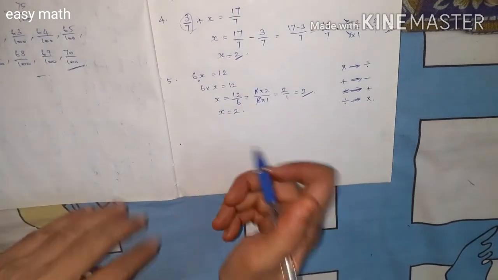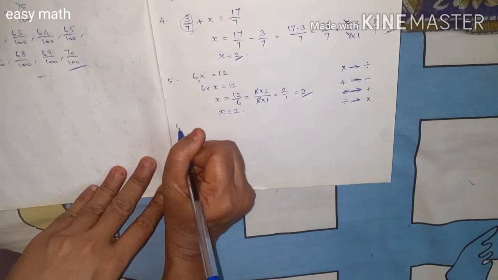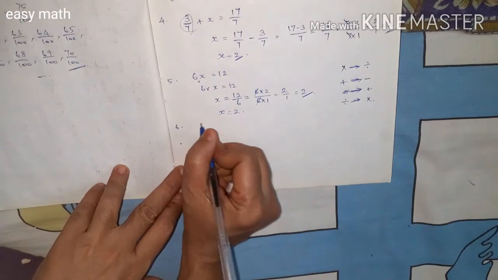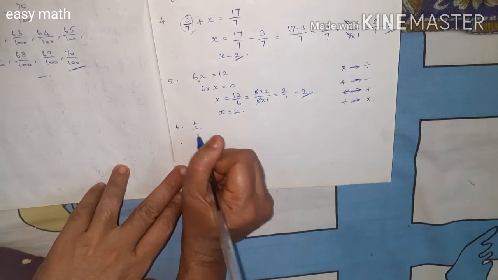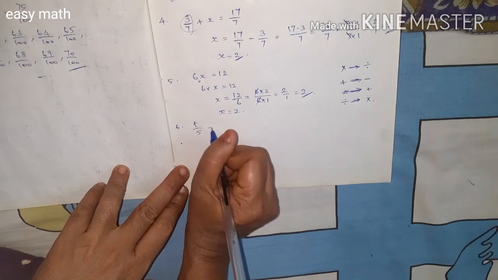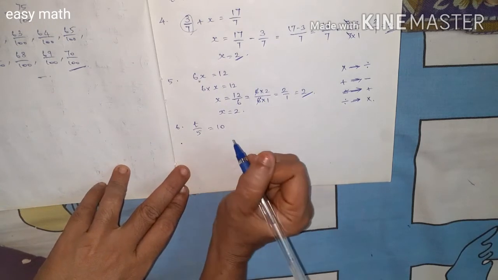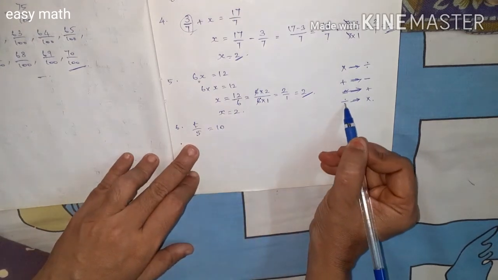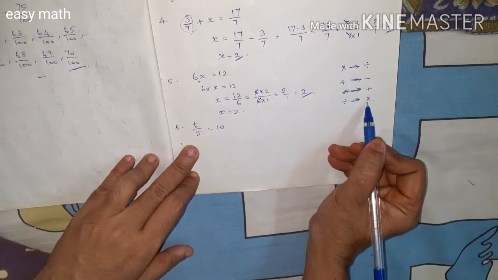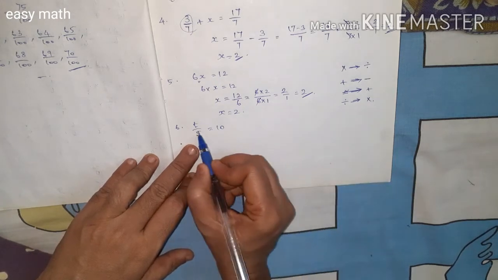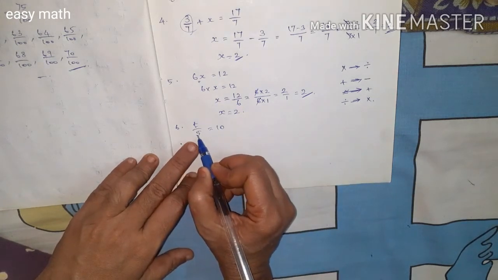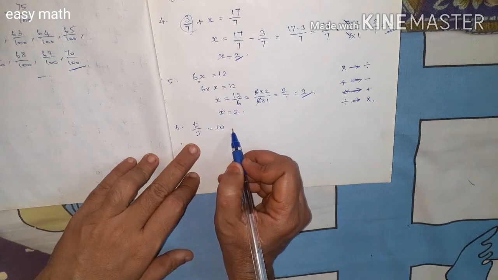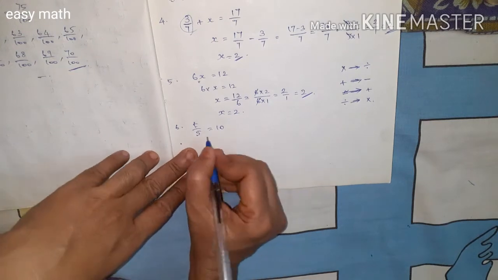Now sixth sum. t by 5 equal to 10. I have told you, no? Divide becomes multiplication on the right hand side. Here divided by 5, when it goes to the right hand side, becomes multiply.